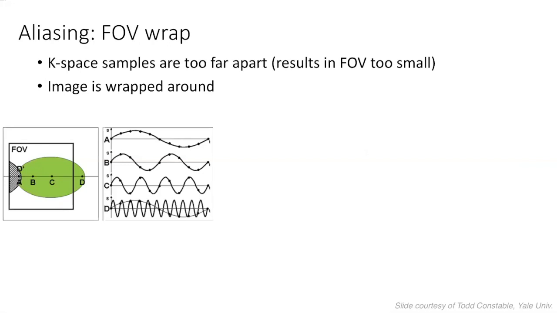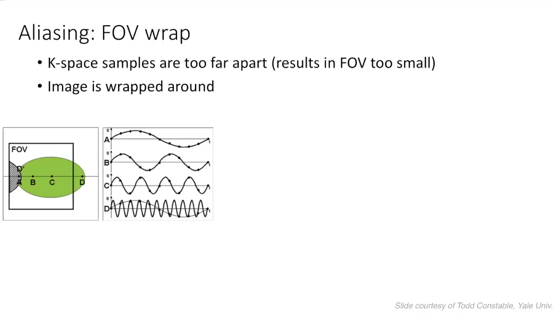So for example, I think aliasing is probably one of the more famous MR artifacts. Typically this happens when the K-space samples are too far apart, which results in a FOV that's too small, and so our image is wrapped around. To see aliasing simply when we don't sample enough, look at the example on the left.